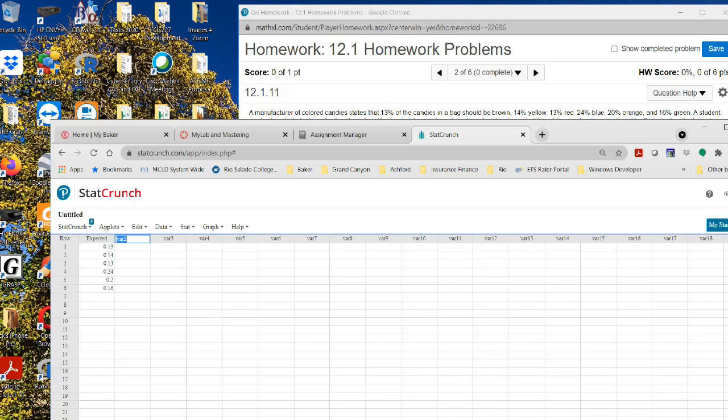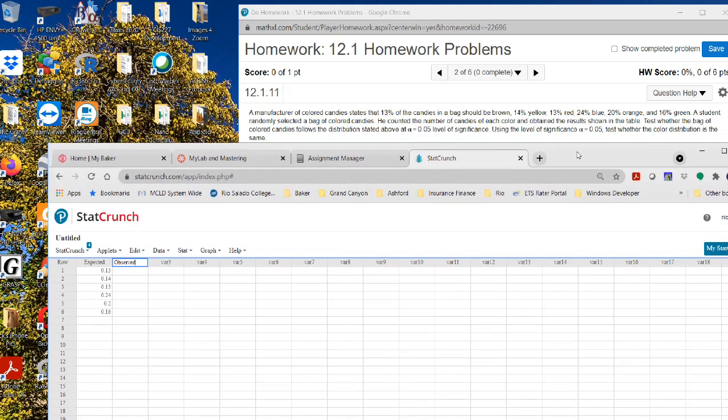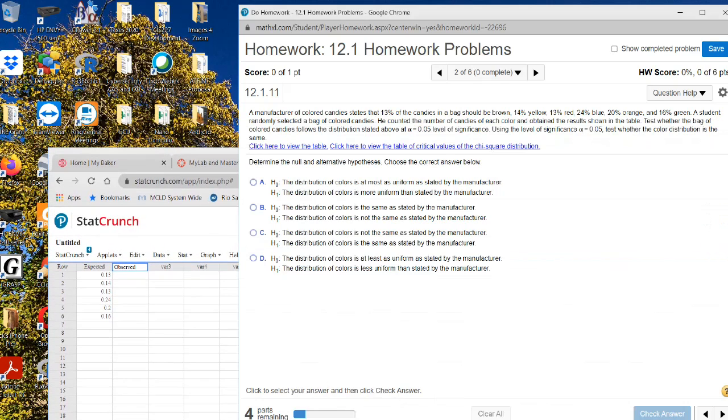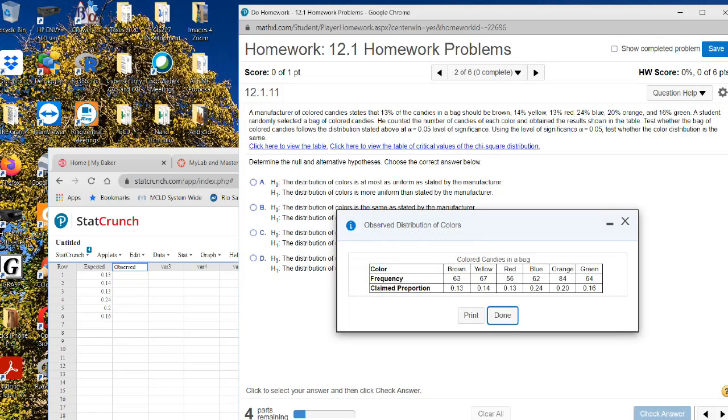Now I'm going to do the observed. Usually I'll do these the other way around. I'll put observed first and expected second. I might be able to change this. So now we're going to look at the table of values. A student randomly selected a bag of colored candies and counted the number. So here's the actual frequency, and then the claimed proportion and the observed proportions.